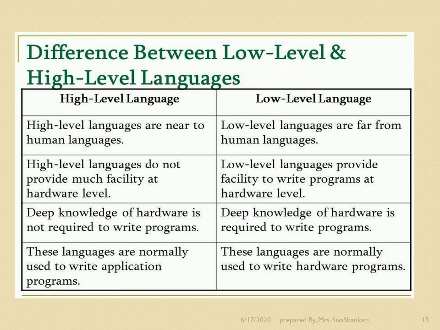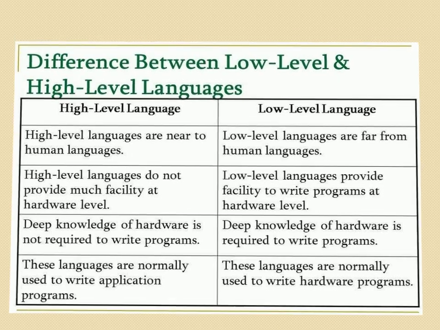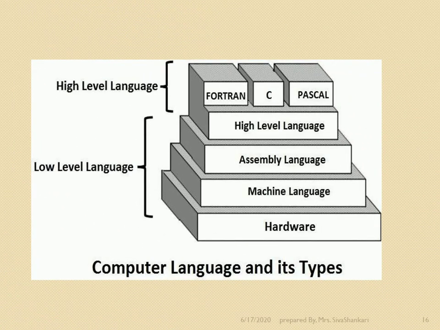Deep knowledge of hardware is not required to write a program in a high-level language, but in the low-level language, we need deep knowledge of hardware. Then only can we write coding in machine-level language. High-level languages are normally used to write application programs. But low-level languages are used to write hardware programs, because the low-level language can be used only for a machine.